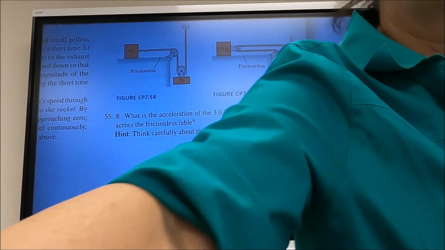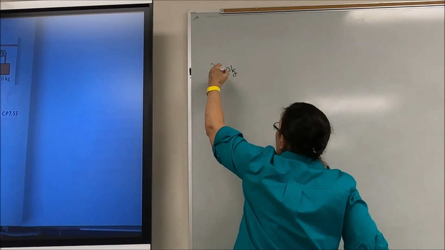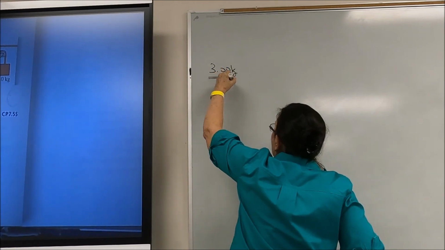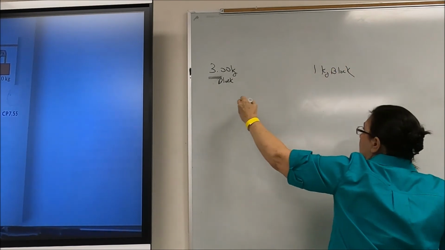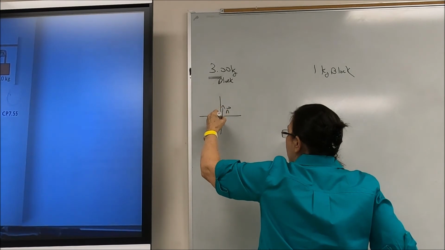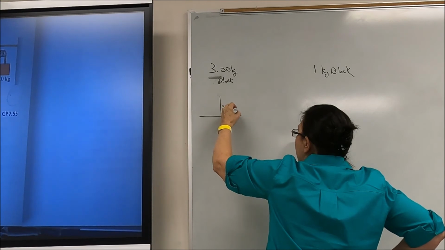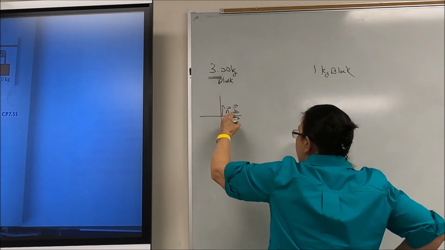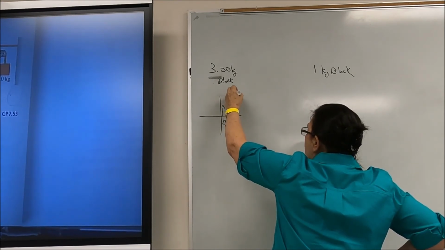Okay, guys. Now, we've got our 3 kilogram block, and we've got our 1 kilogram block. Okay? Our 3 kilogram block has a normal force, a force due to gravity, and then it's got a T1 and a T2. And it should be accelerating A1 in this direction.